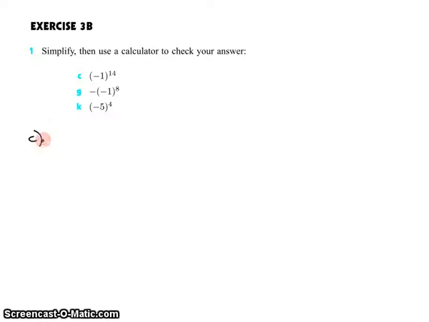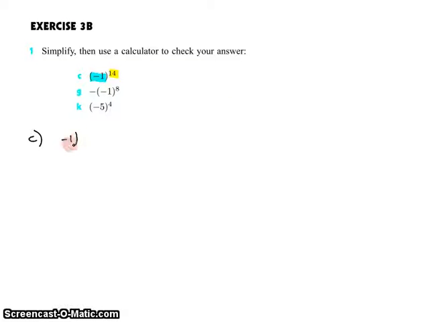So for Part C, it says simplify this expression and then use a calculator to check your answer. We have a base and an index, and it tells us to take -1 14 times and multiply them all together.